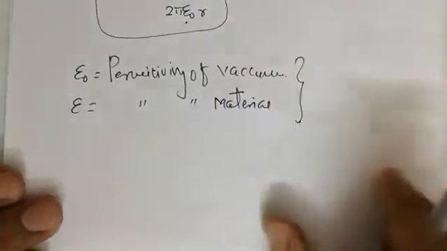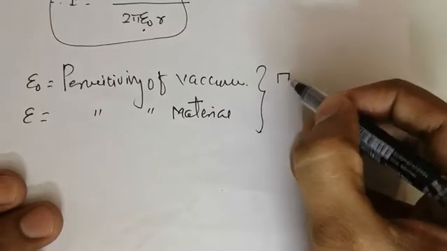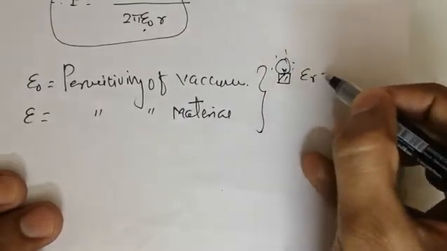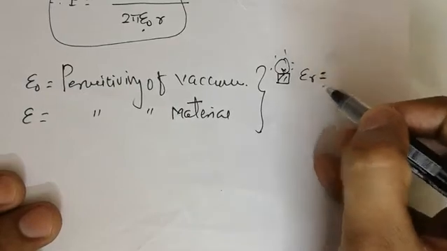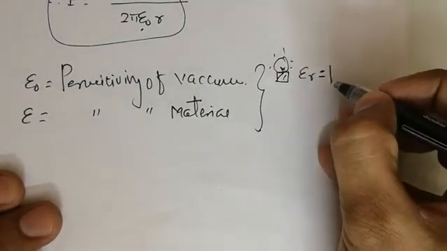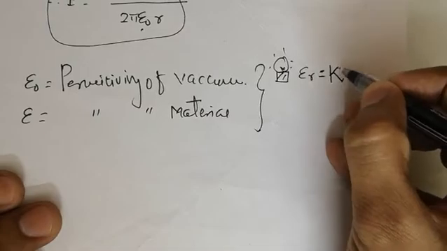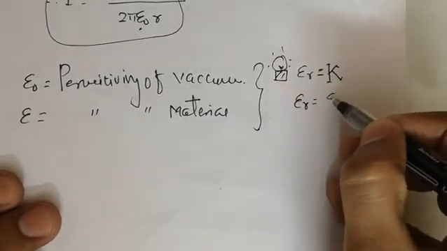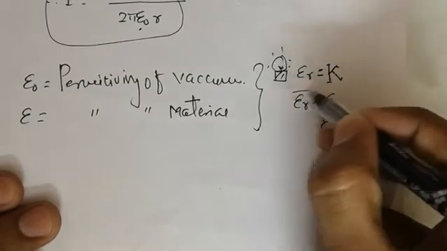Also for some MCQs, to say which one is better compared to another, the comparison is always done with the help of epsilon R. In some reference books it is called capital K. So epsilon R or capital K is the ratio of permittivities.